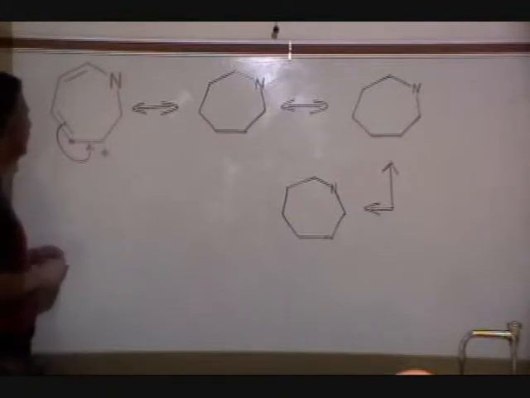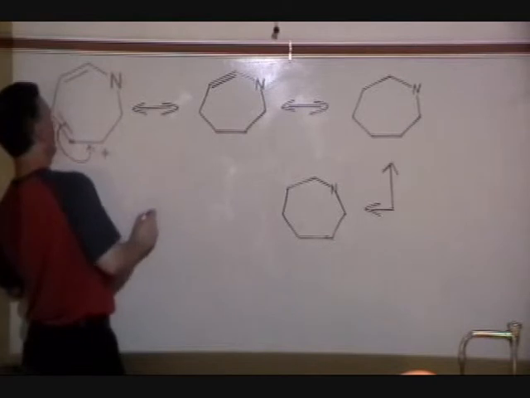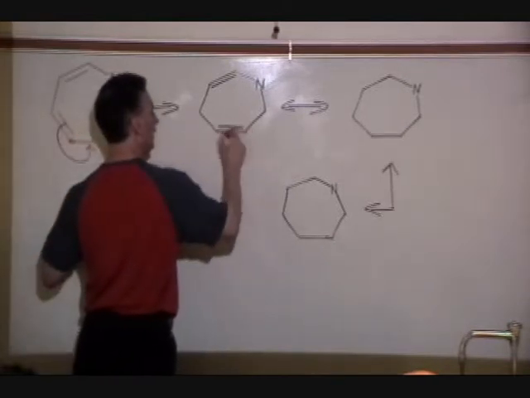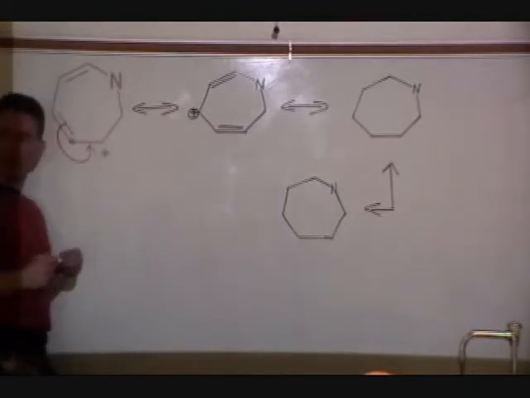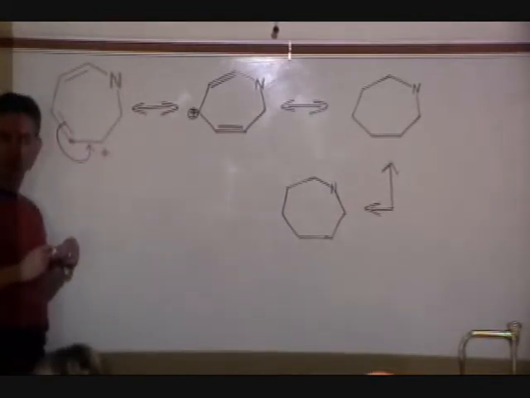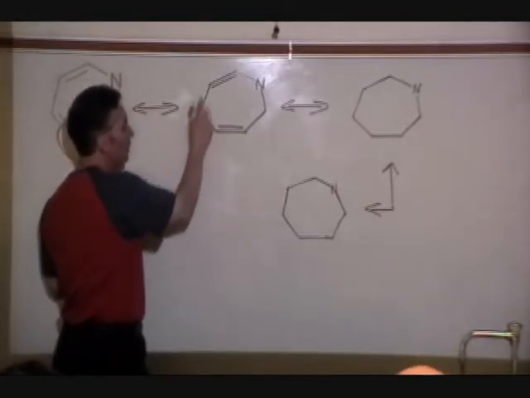So the structure we can draw now, that bond hasn't moved up there. We've moved the bond in there. And the positive charge is popped around there. Again, the electron is missing from this outer shell.